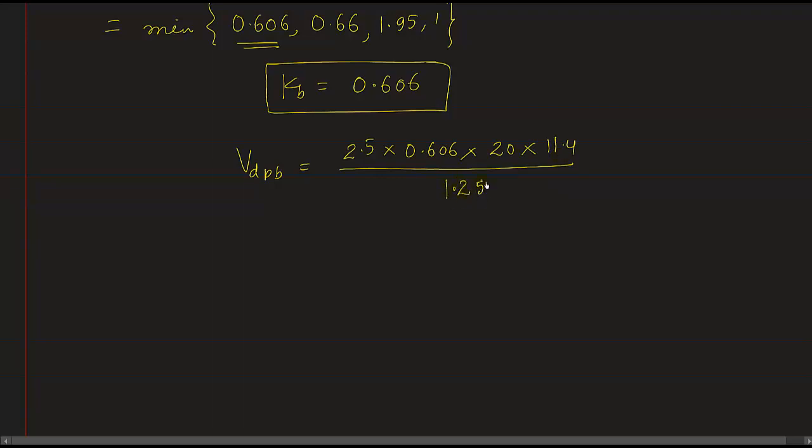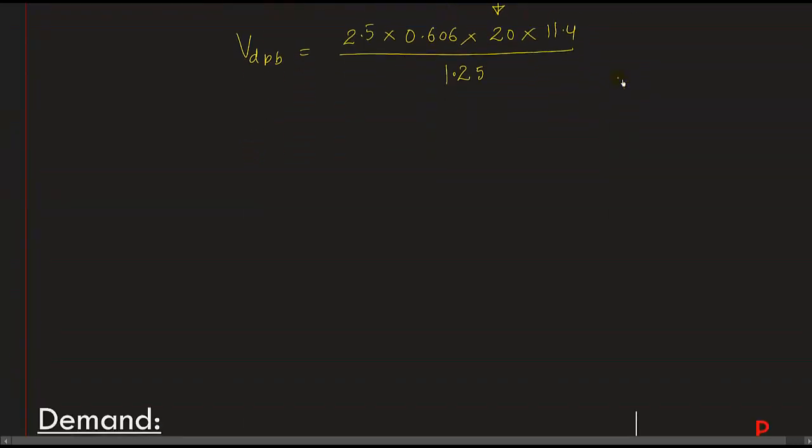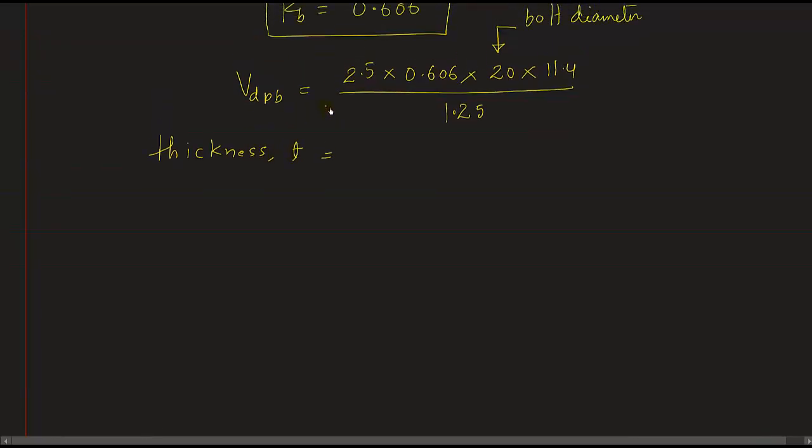In this case 20 is the bolt diameter and 11.4 is the thickness, and we have to consider the thickness t, which is basically the minimum of two things.